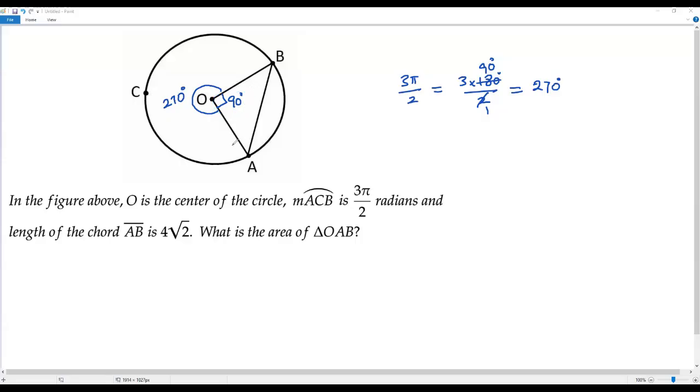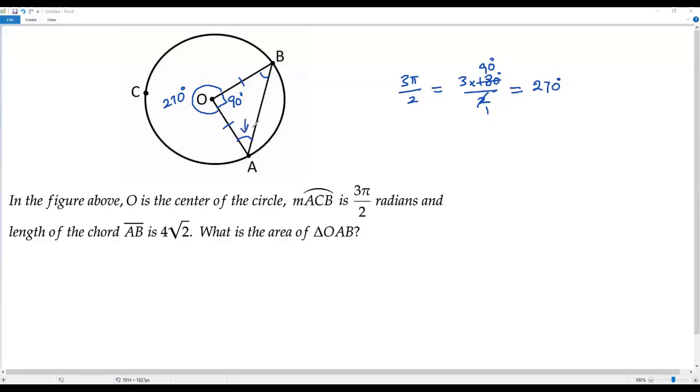Okay, now what should be the measure of the angle over here and over here? For that, let's consider the two sides of the triangle, OA and OB. For the circle, this OA represents a radius and this OB also represents a radius. Since both OA and OB represent the radius of the circle, the length of OA and the length of OB must be equal.